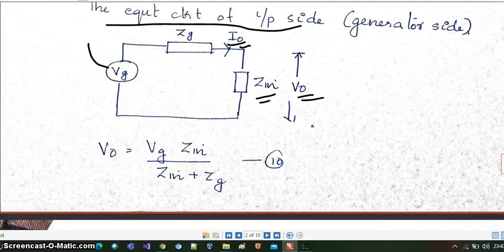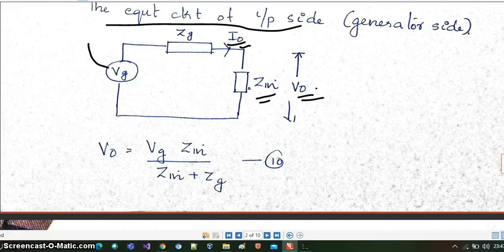Now from this diagram you can find out the value of V0. What is V0? According to the voltage division formula, V0 is equal to the total voltage. What is the total voltage? Vg into that impedance. What is that impedance here?